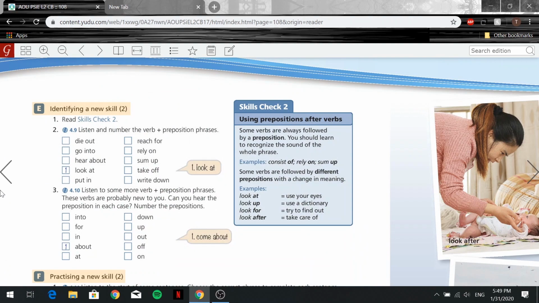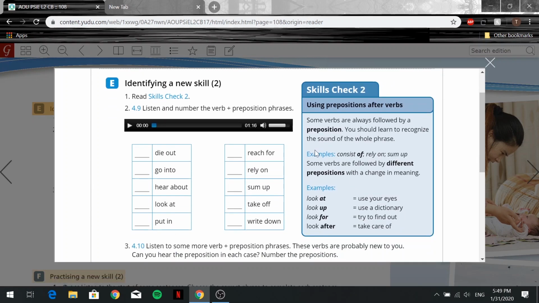Alright, you guys, so now let's move on to exercise E, identifying a new skill. Let's start with skills check 2. Here we have using prepositions after verbs. So some verbs are always followed by a preposition. A preposition is something like at, up, for, after. Okay?